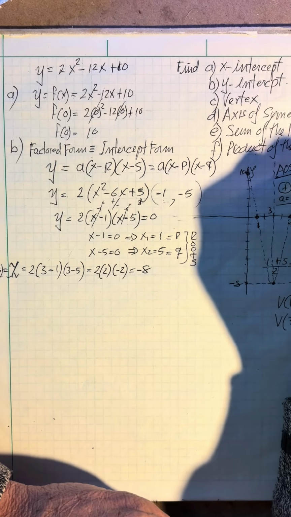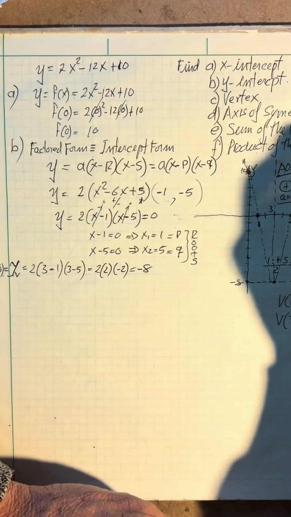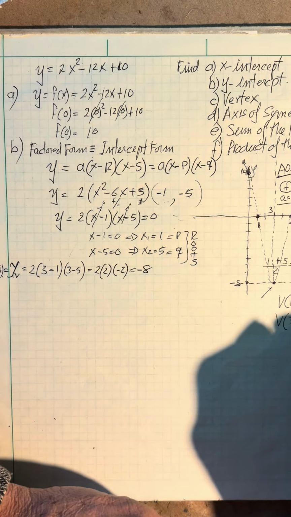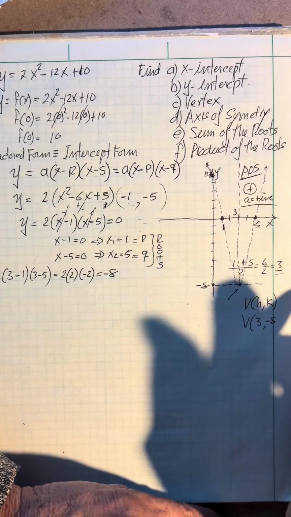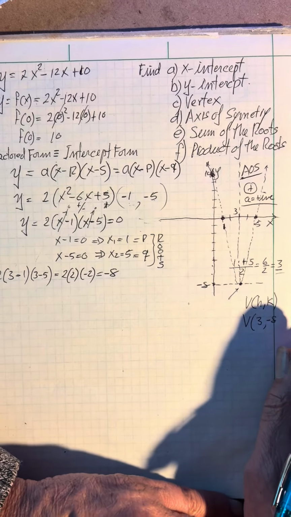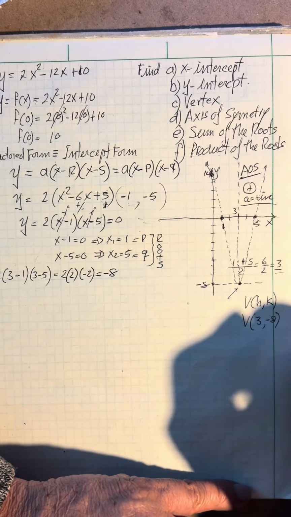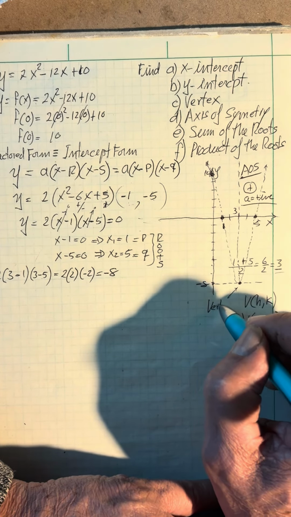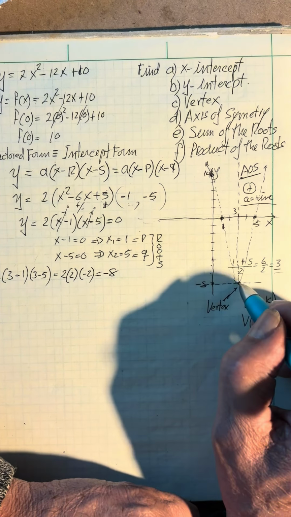That means that this parabola opens up, and this point here is called the vertex. This point is minus 8. Sorry, I didn't see that. It was being swallowed by the camera there. Minus 8. This is the vertex point.